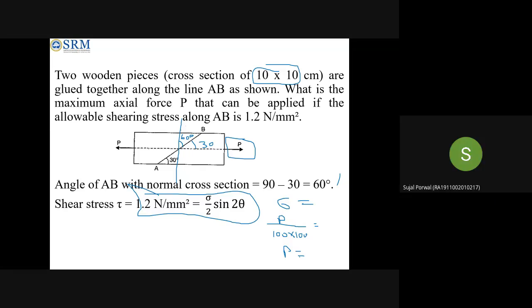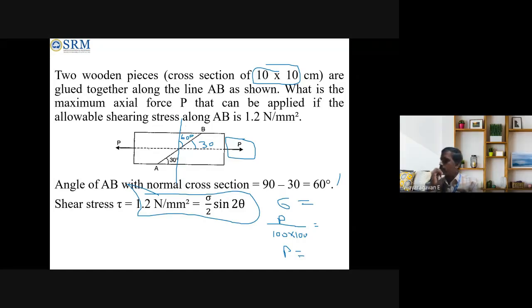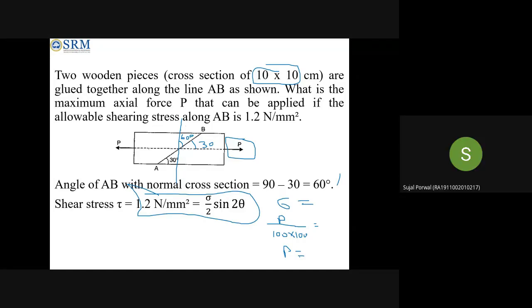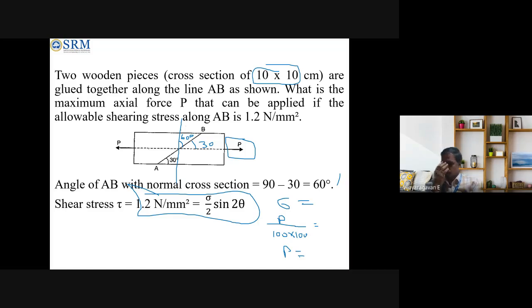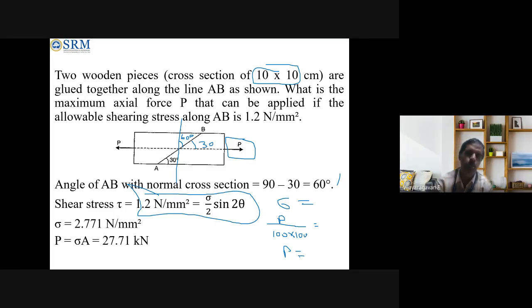The answer is 2.77 into 10 to the power 4 Newton. Don't say 10 power 4 Newton; you should give it in kilonewton. Mathematically it is right, but technically you should give it in kilonewton or something.